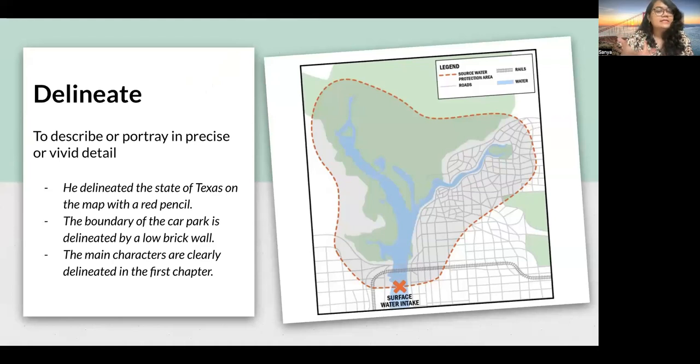If he delineated the state of Texas on the map with a red pencil, that means he portrayed the state of Texas on the map with a pencil, right? He marked it. So you can also say delineate means to mark or portray.